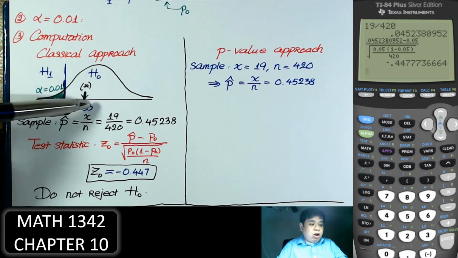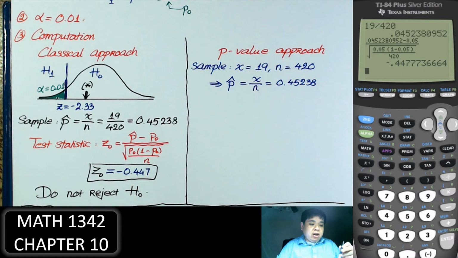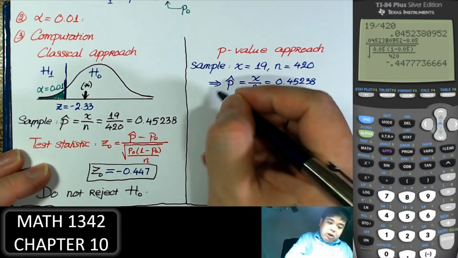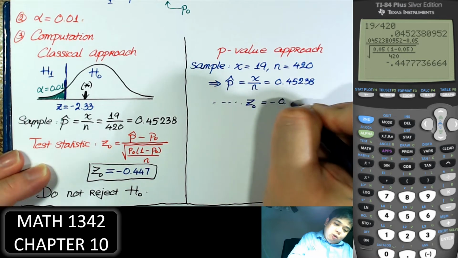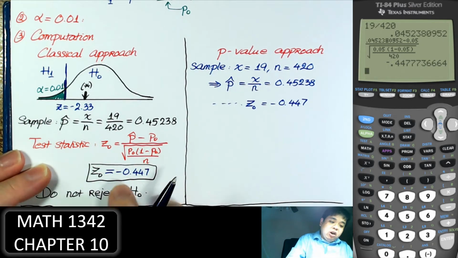The calculation is the same: we get z naught is negative 0.447.